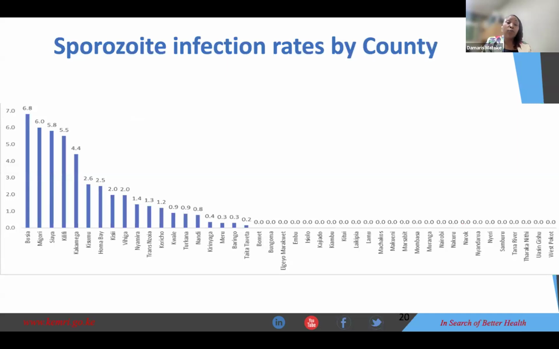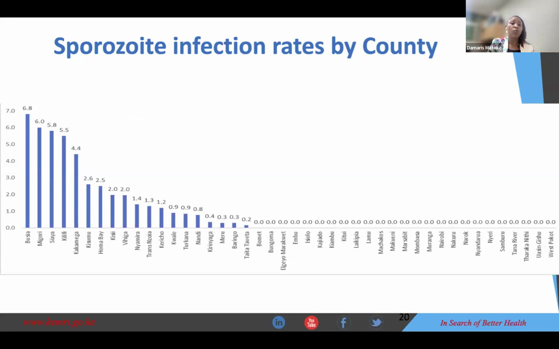When we look at sporozoite infection rates by county, from the highest to the lowest, this is in tandem with what we are seeing epidemiologically. We are seeing parts of Western Kenya having high levels of sporozoite infection in the vector, not in the patients or the people, but in the vector.